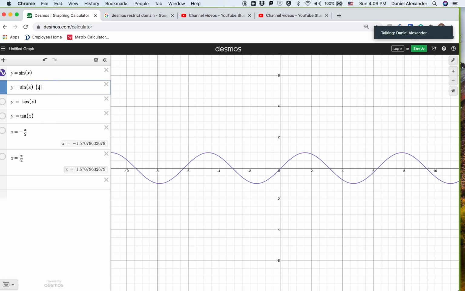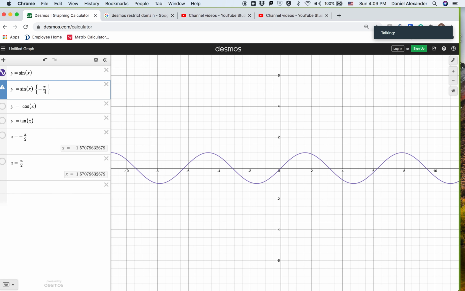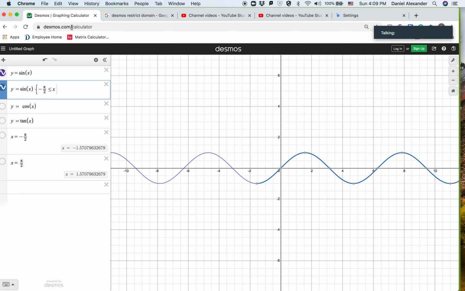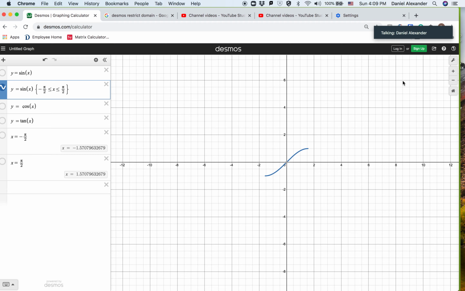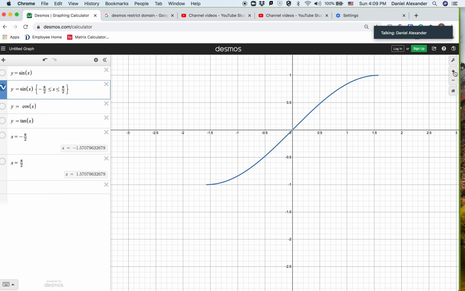We're going to have minus pi over 2 less than or equal to x, less than or equal to pi over 2. Okay, and I'm going to just take that away. See, that's one complete cycle of the sine. That covers all possible sine ratios.